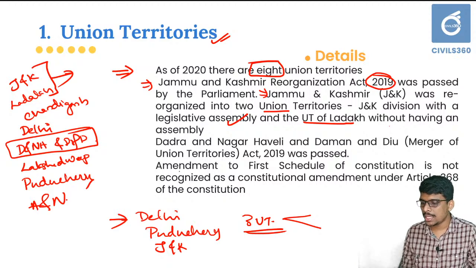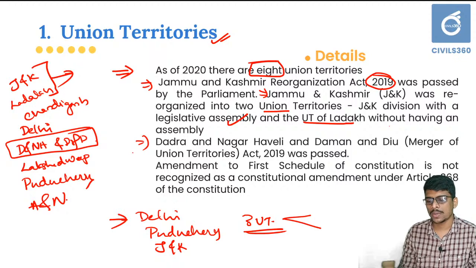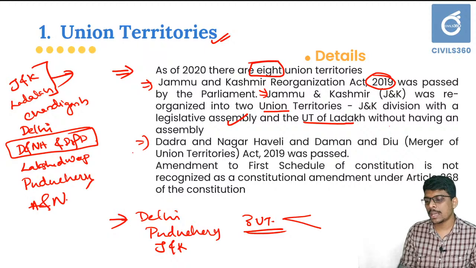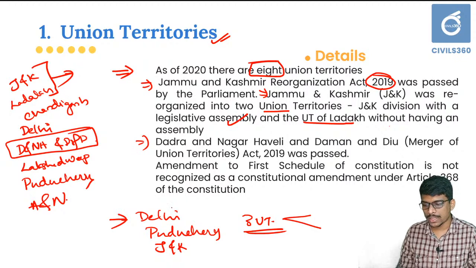Next one is Dadra and Nagar Haveli and Daman and Diu. The Merger of Union Territories Act was passed in 2019, so that Dadra and Nagar Haveli and Daman and Diu were merged together. Another point is the amendment to the First Schedule.